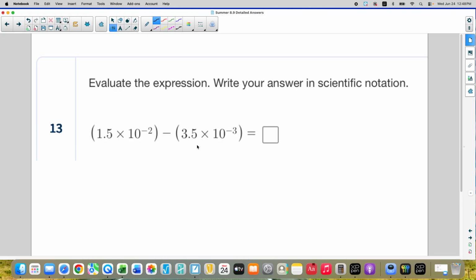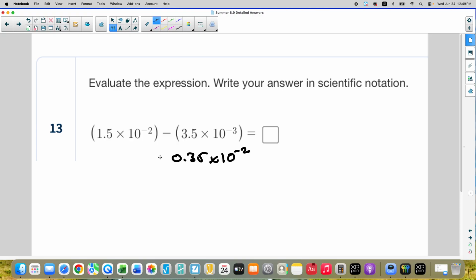We're going to subtract. These are not the same, so we're either going to make them both to the -2 or to the -3. I'll make this to the -2, and so if we make that bigger, we're going to make this smaller. So this becomes 0.35 times 10 to the -2, right? I made that bigger, so that's smaller.